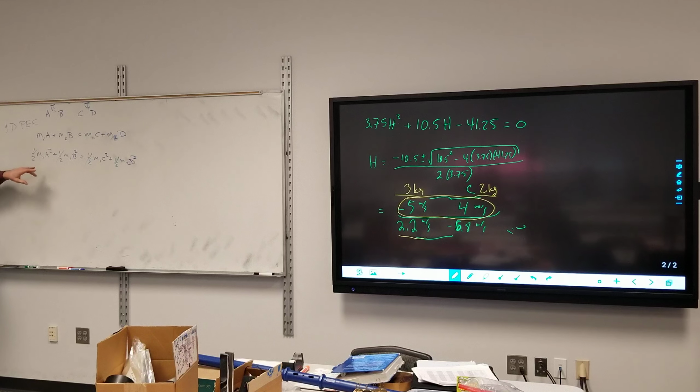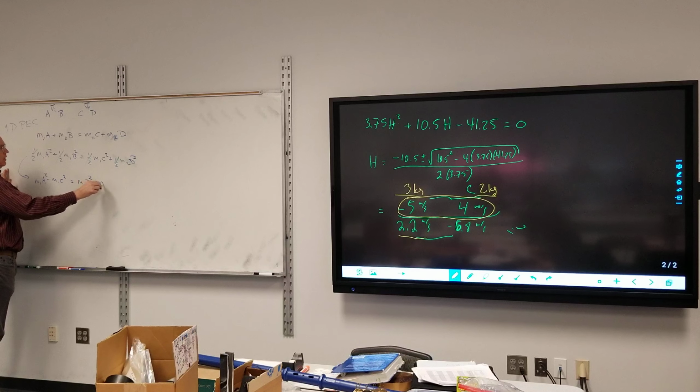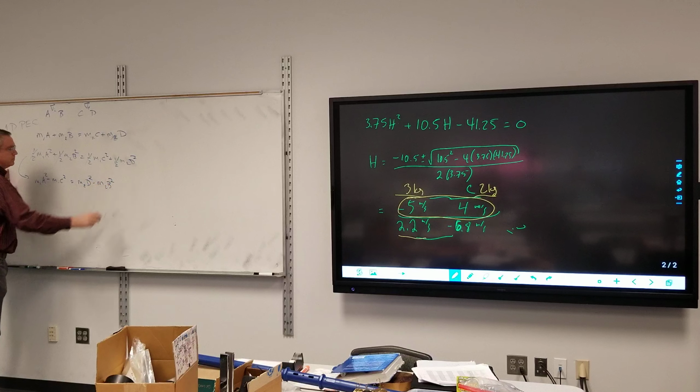So what I'm going to do is get all the m1 stuff on one side and the m2 stuff on the other. For this equation, I get m1 (a squared minus c squared). That's two steps, so let's put in the intermediate step. m1 a squared minus m1 c squared is equal to m2 d squared minus m2 b squared.